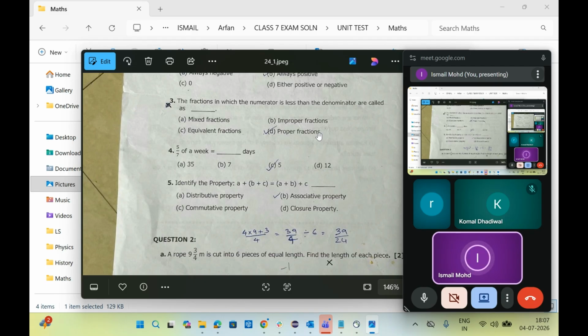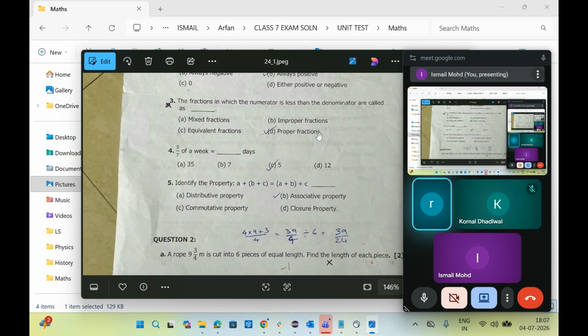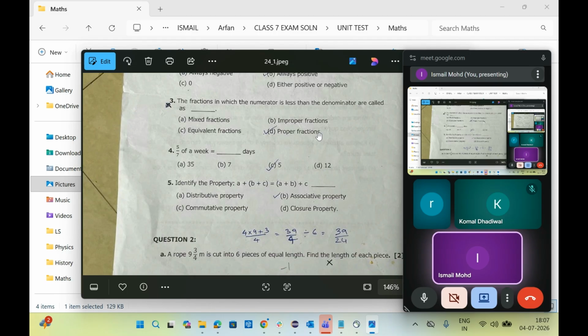Okay, the fraction in which the numerator is less than the denominator is called what? Proper fraction, sir. The fraction in which the numerator is less than the denominator is called proper fraction, and the fraction in which the numerator is greater than the denominator is called improper fraction.